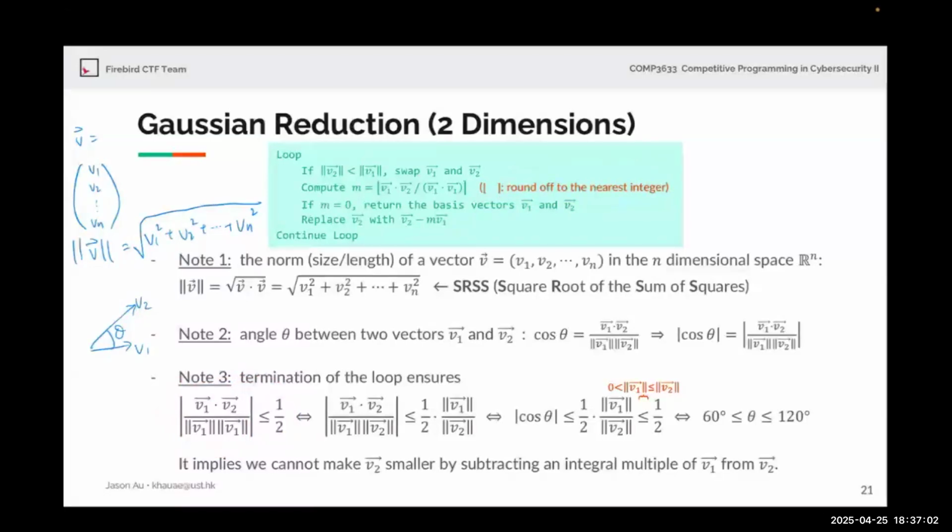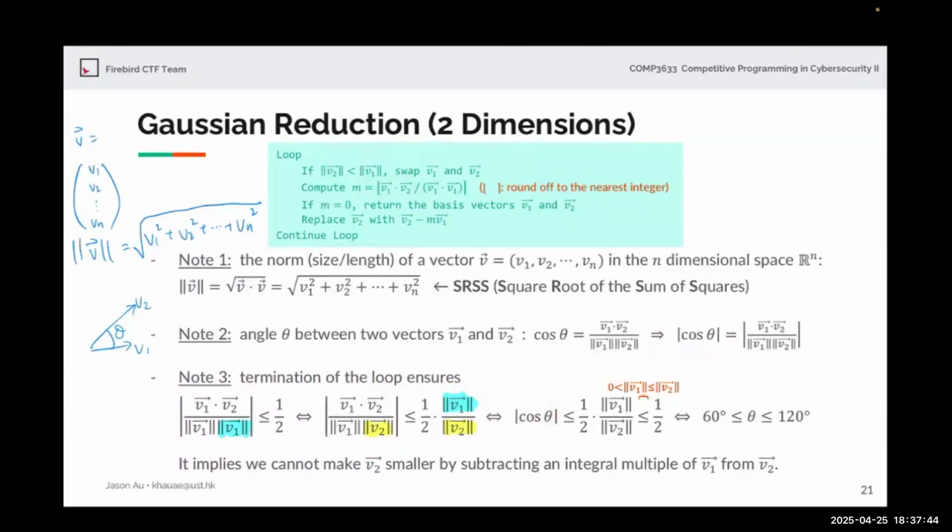If we divide both sides by the norm of V2, and also multiply both sides by the norm of V1, we will see that this is less than 1/2 times the ratio of the norms of V1 and V2. So actually this one is the absolute value of cosine theta, the cosine of the angle between the 2 vectors.